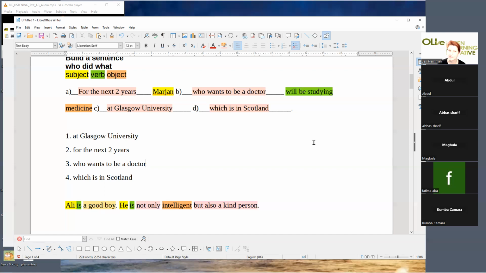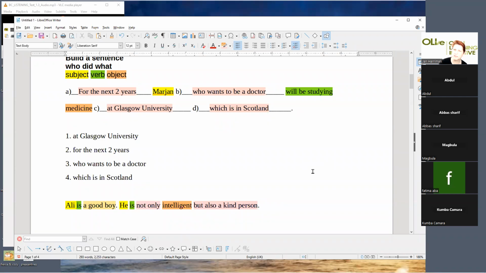Because it is what he is. It answers the question, who did what? He is intelligent. The part of speech is less relevant at that point.